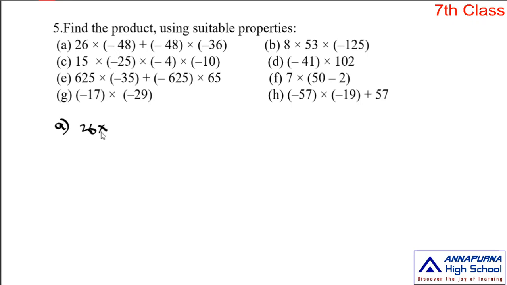26 into minus 48 plus minus 48 into minus 36. We can write this one as, why? Because 26 into minus 48 or minus 48 into 26, if we multiply two integers in any order, the product remains the same.